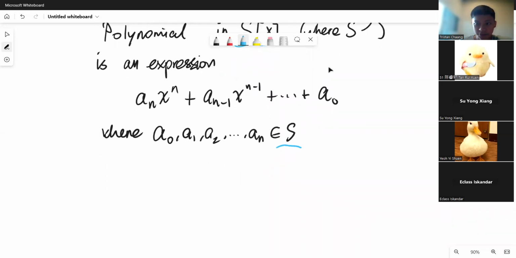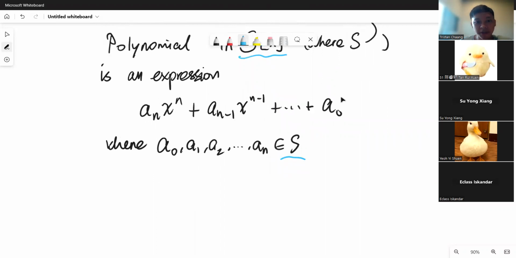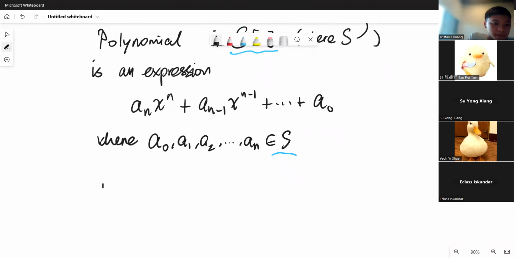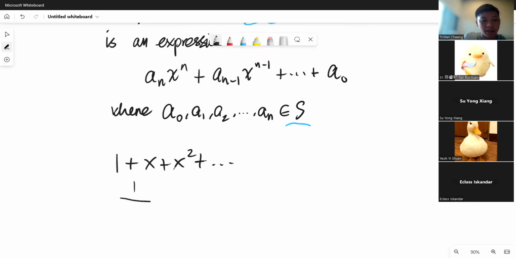And just to settle some misconceptions, there are a few things that look like polynomials but are actually not polynomials. For example, this thing is not a polynomial because it has infinitely many terms, whereas by our definition, a polynomial can only have a finite highest exponent. So this is not a polynomial. And other obvious things, for example, this is obviously not a polynomial.